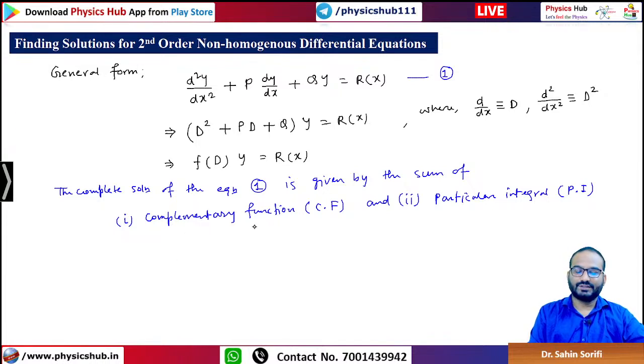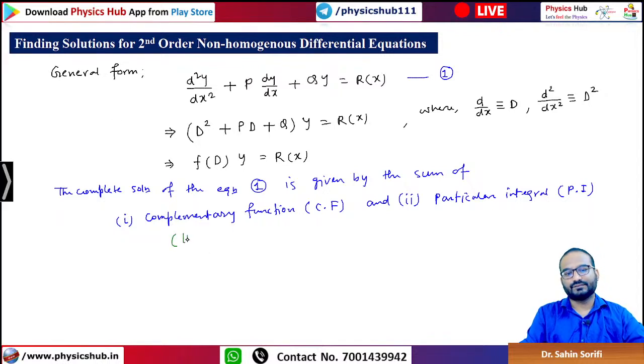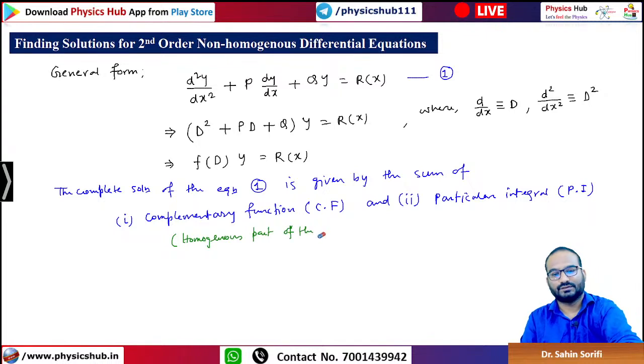Now this complementary function is the same solution which you obtain from the homogeneous part, meaning whatever is given on the right hand side, you just ignore that, equate it to 0, and whatever solution you get in the usual manner which we have discussed earlier, that will be the complementary function. This is the homogeneous part of the solution.